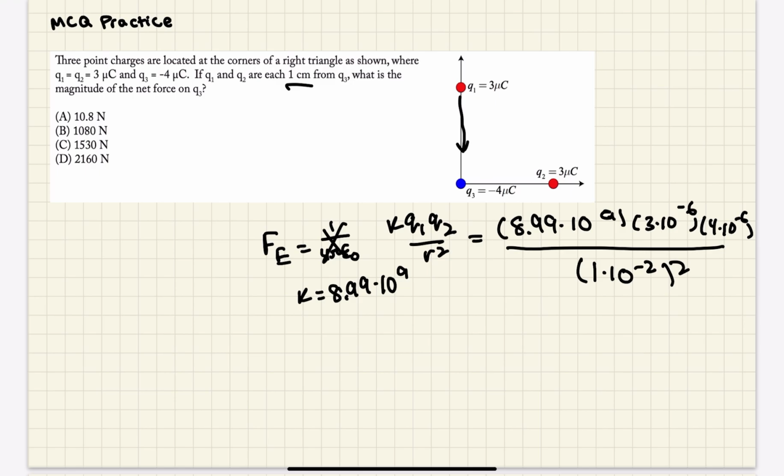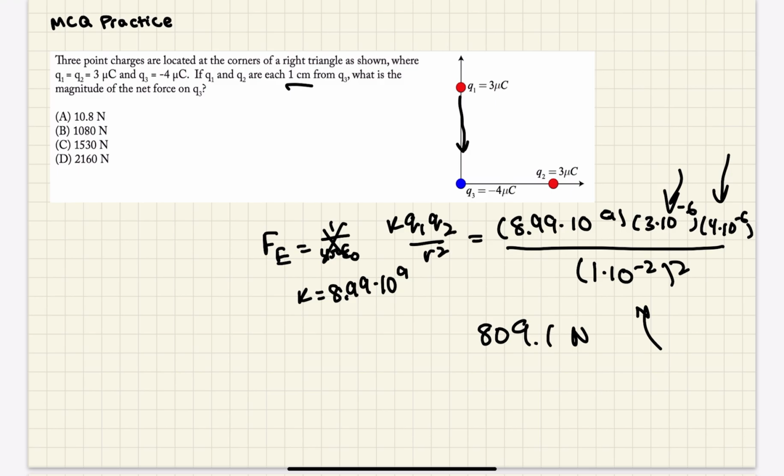Your calculator might have an E button, and it's basically a shortcut for times 10 to the power of something. If you do 1e negative 2, that's going to be 1 times 10 to the power of negative 2. You plug this all into your calculator, you get 809.1 newtons. And it is newtons, not any other unit, because we converted all into proper units. We did coulombs here and meters here.